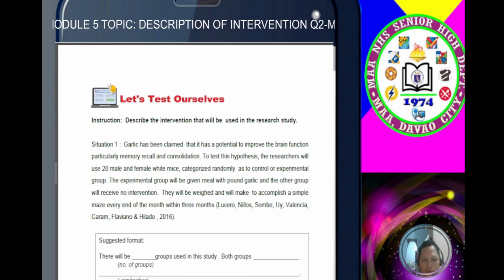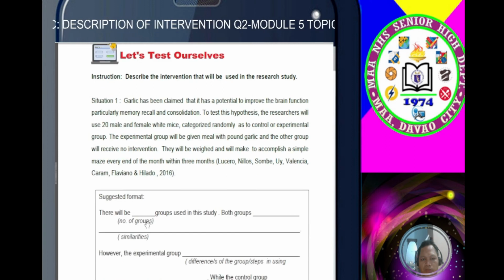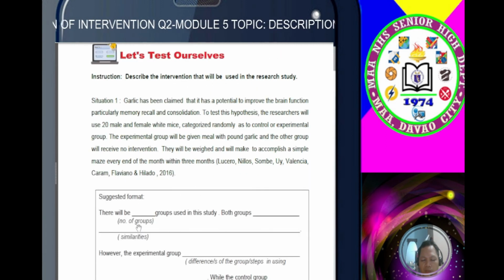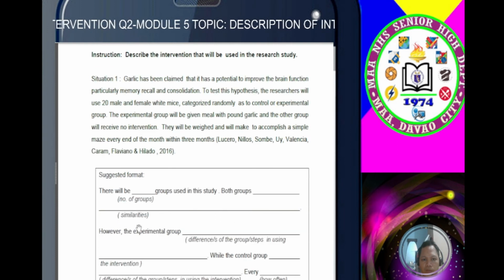Okay, then you answer this. Let's test ourselves, the same as in our activity earlier. So we have here situation 1. Garlic has been claimed to have the potential to improve brain function, particularly memory, recall, and consolidation.